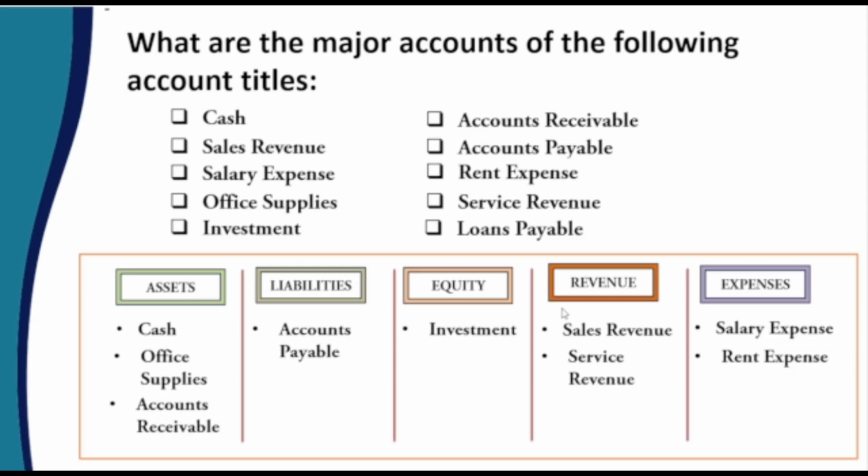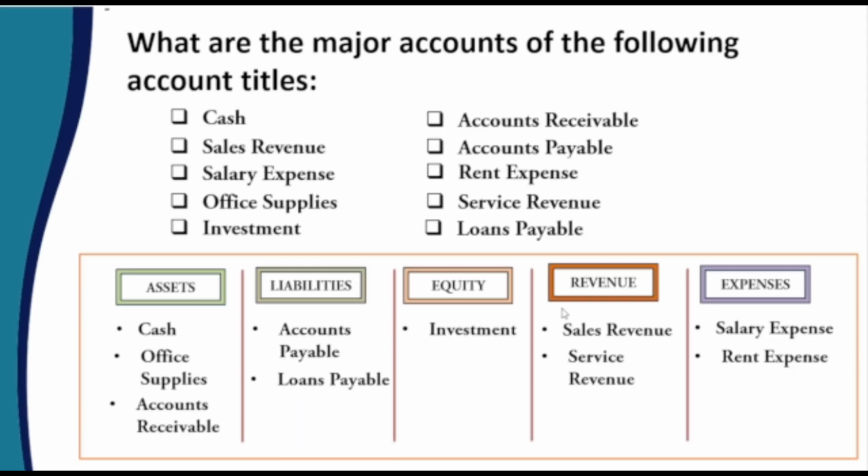No, madali lang yung tracing. Makikita mo kaagad kung magkano yung sales mo, makikita mo kaagad kung magkano yung mga services income mo. Yun yung purpose ng account titles, to be specific, no? Kailangan siyang specific yung transactions, ilagay mo siya doon sa intended na account title.